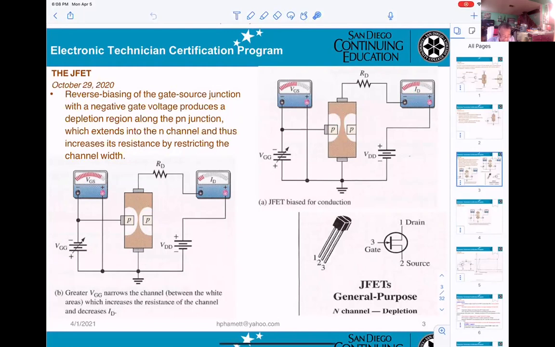So that's only telling you one thing. If VGS is less negative, then you can get more current. If VGS is more negative, then the current ID will be less. And that also shows you the symbol for the JFET when you're working on the lab.